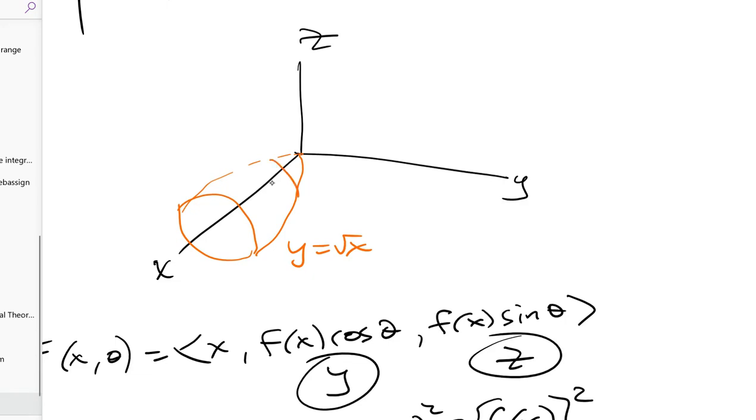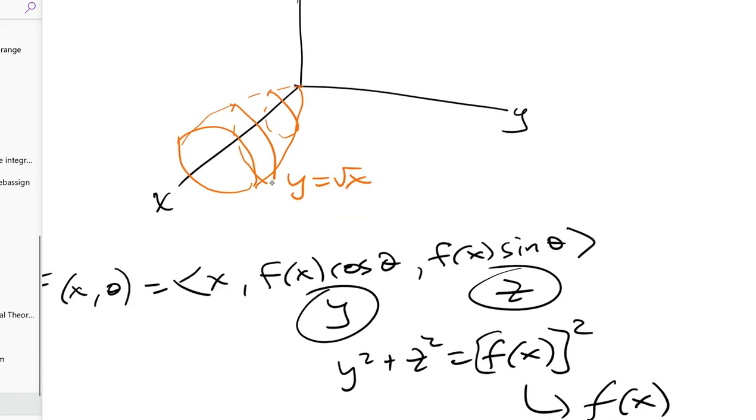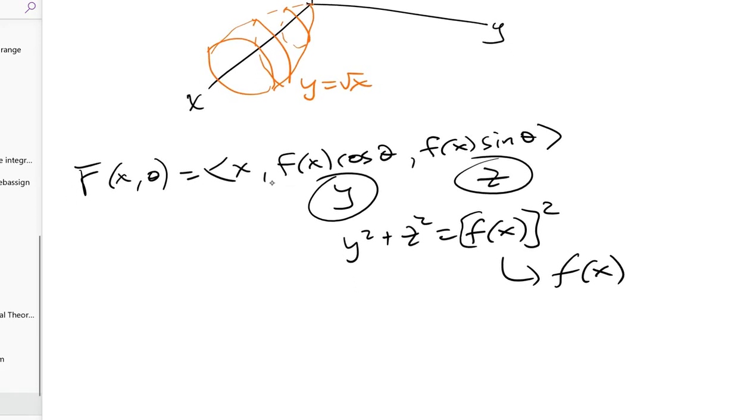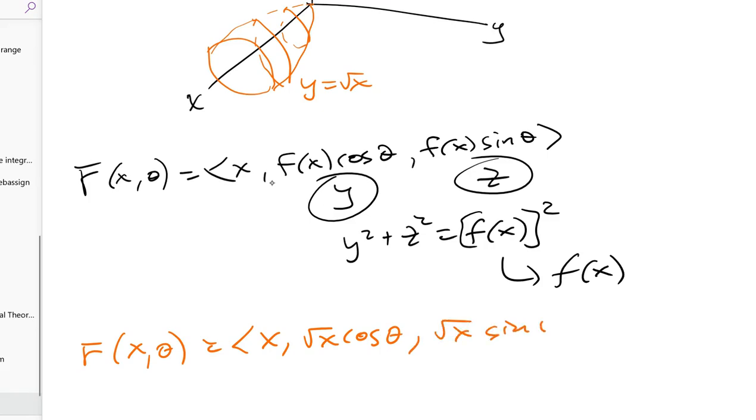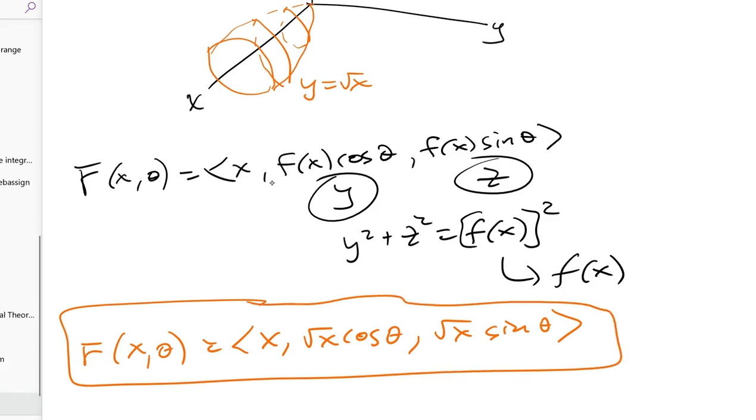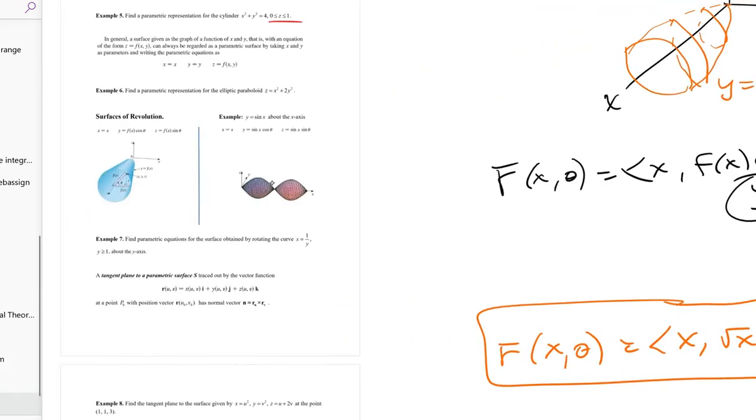So I have a circle here, and the circle here, the radii are getting bigger and bigger. And so that traces out the surface, and so we can use the parametrization x, theta. This will be x, root x cosine theta, and then root x sine of theta, which I think is kind of cool. So that's how you do surfaces of revolution.